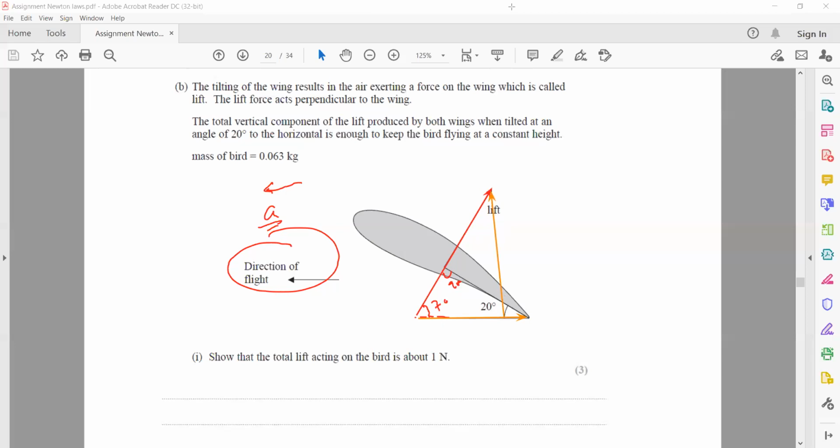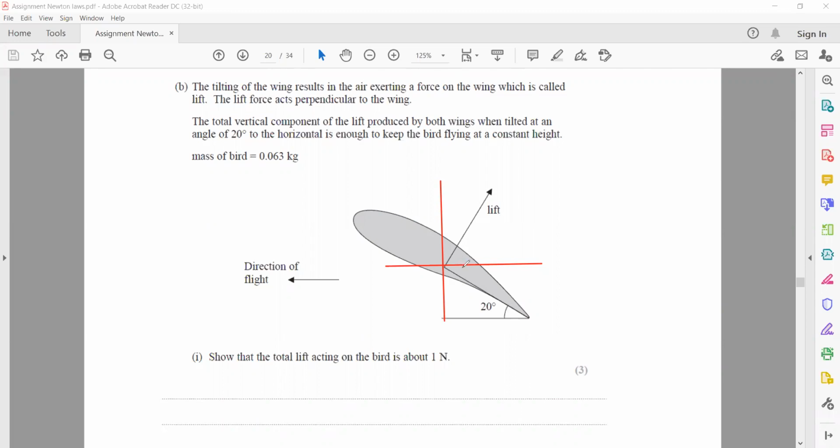Or you can also solve in this manner. This is a lift. Now if we resolve the lift into components, when I take the axis parallel to the horizontal surface, I will resolve the lift into components.